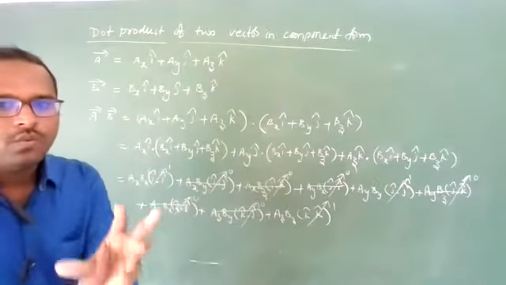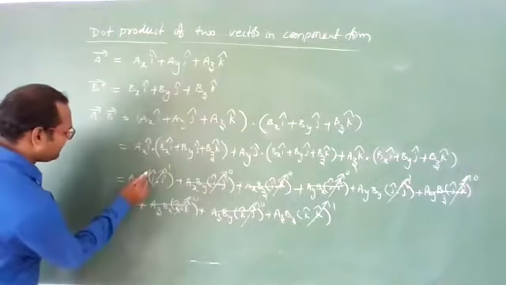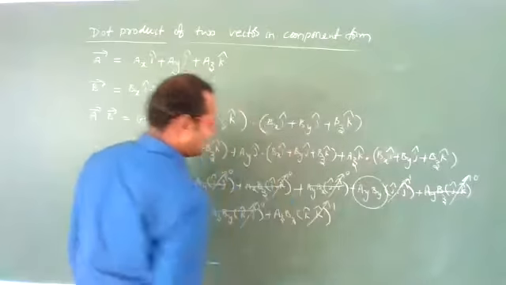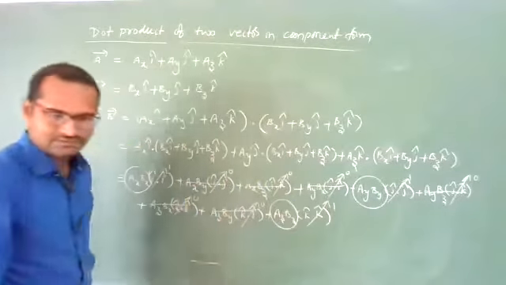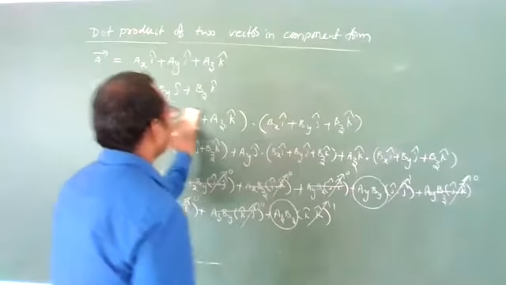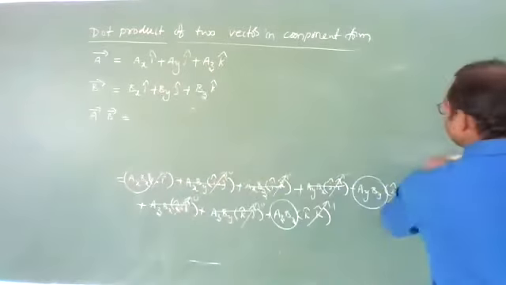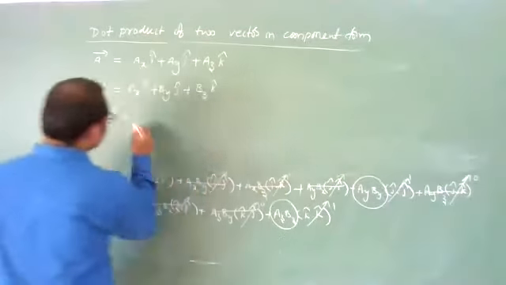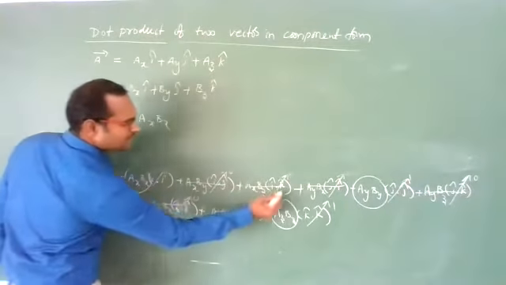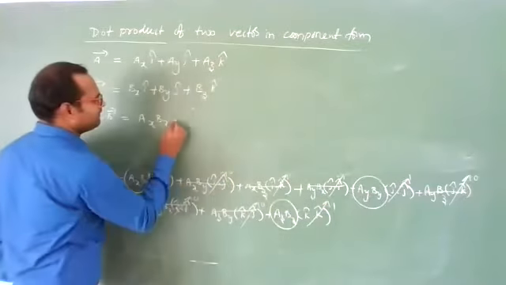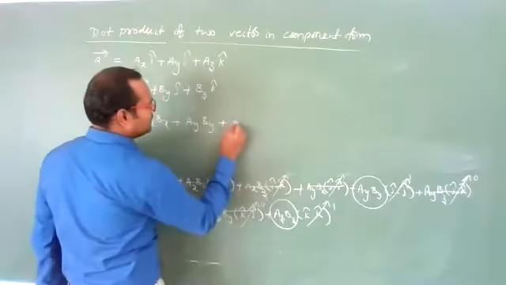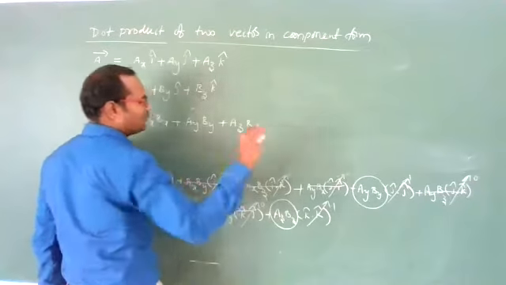Now, what values are you having? You are having ax, bx, and ay, by, and az, bz. That means these others are not required. What did you get finally as the answer? You got ax bx plus ay by plus az bz only.